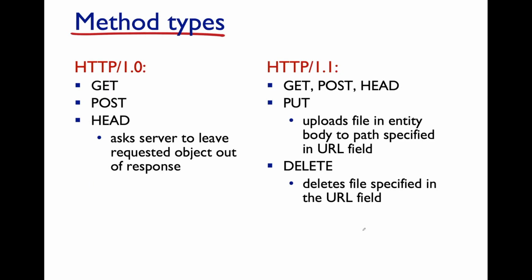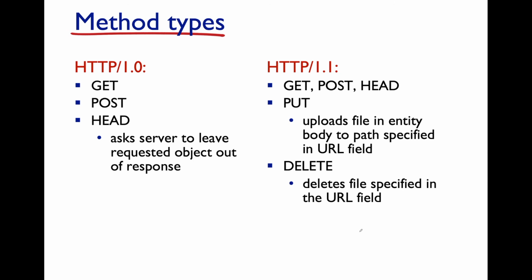So there are different methods, or opcodes, for the opcode field in the request line. And the difference between HTTP 1.0 and HTTP 1.1, the big difference, has to do with PUT, where PUT can upload a file into the server, and also DELETE.